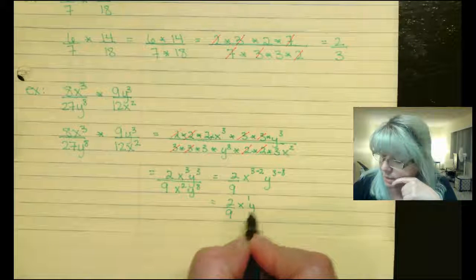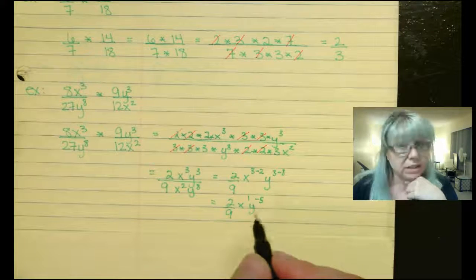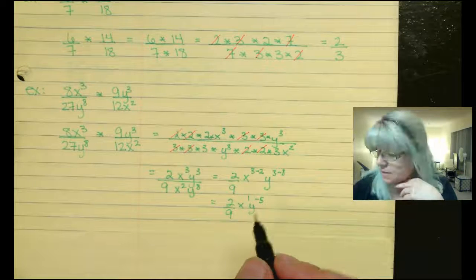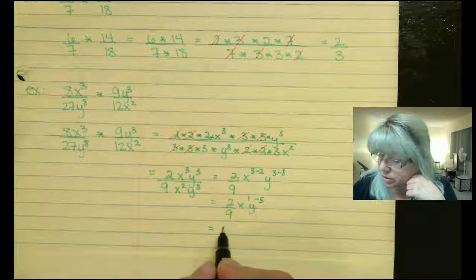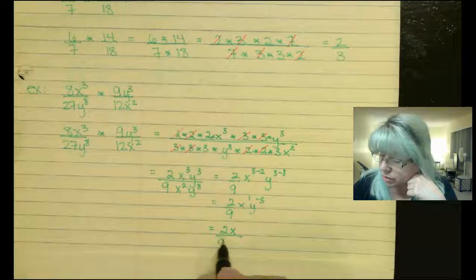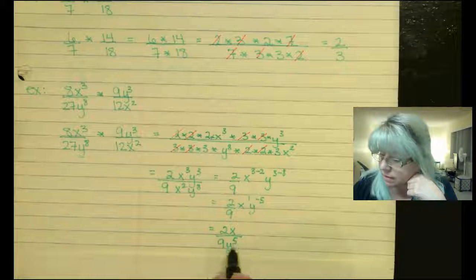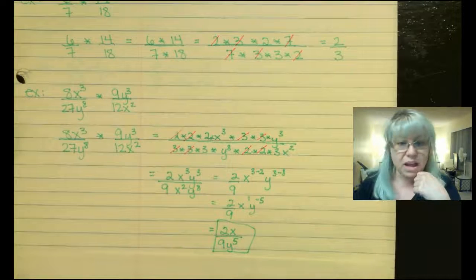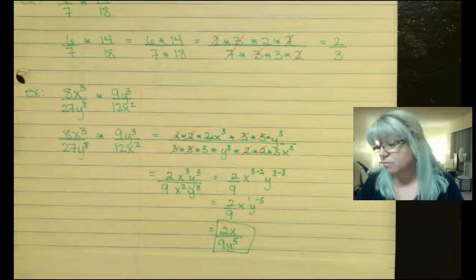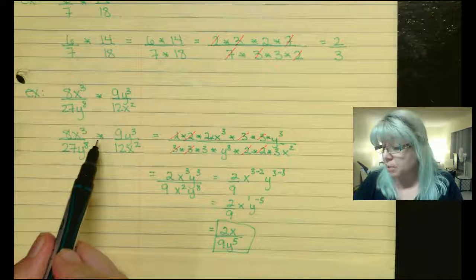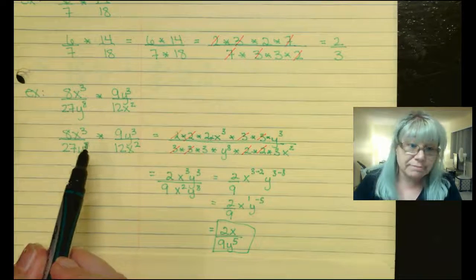Y to the 3 minus 8 is a negative 5, but I don't want to leave my exponents in negatives. So let's bring the y back down to the denominator. 2x all over 9y to the 5th. That is my final answer. I suppose I did the operation multiplication as well as simplify.